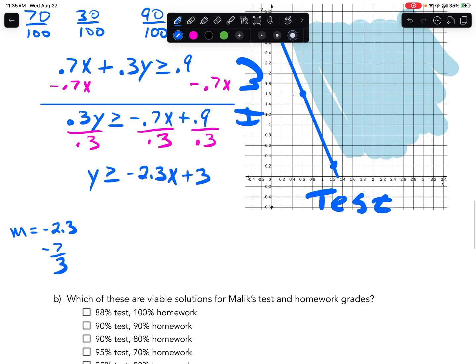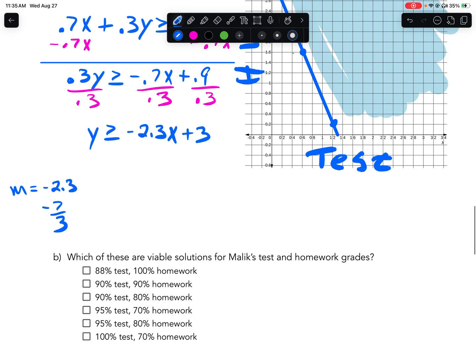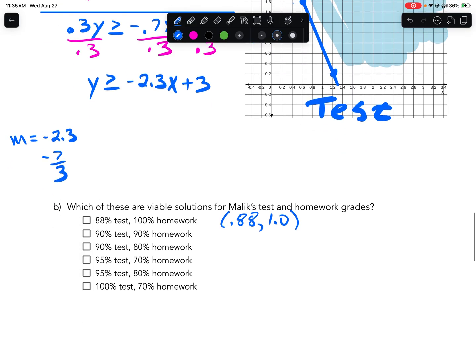So if he gets 0.88, 88% is 0.88. So you could think of these as ordered pairs, right? So we could think of this as 0.88, comma 1.0. 100 divided by 100 is 1.